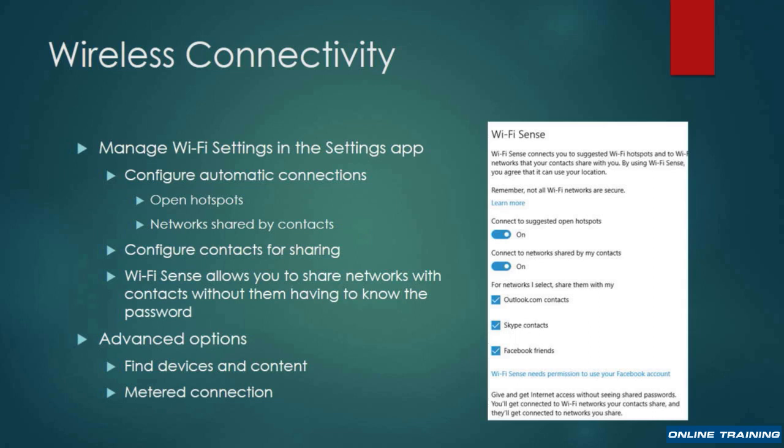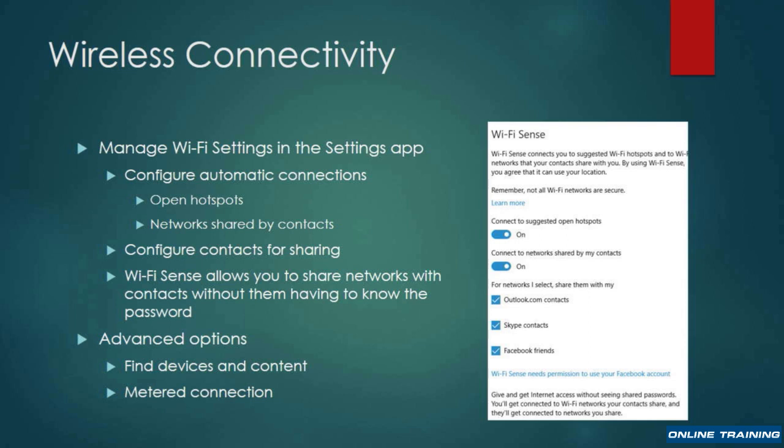If you click on advanced options back on the main page, you have access to a couple of other settings. Those are find devices and content, where you can choose, on this network that I'm currently connected to, do I want to do network discovery? That's basically what it is. It's just a little on-off switch, like what we see in this screenshot, as to doing the network discovery or not. And then you also have another on-off switch for a metered connection.